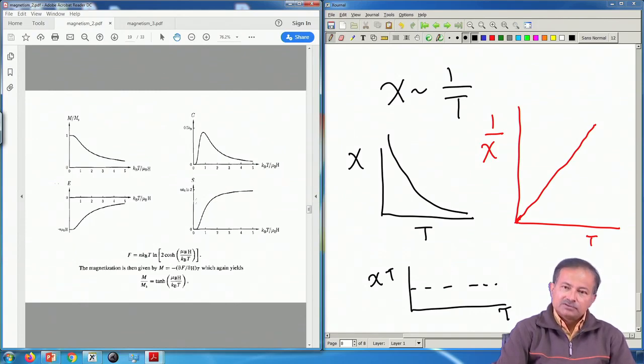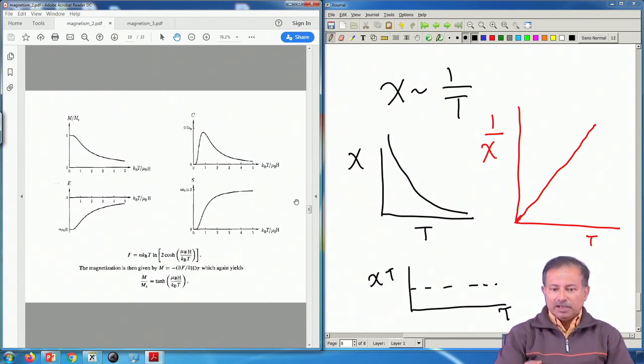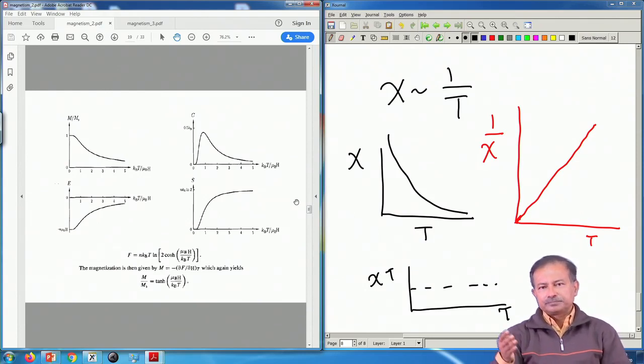From this you can actually figure out the value of the moment that is contributing to the entropy. Besides, your actual entropy will have other components, from electrons, from phonons, and so on.